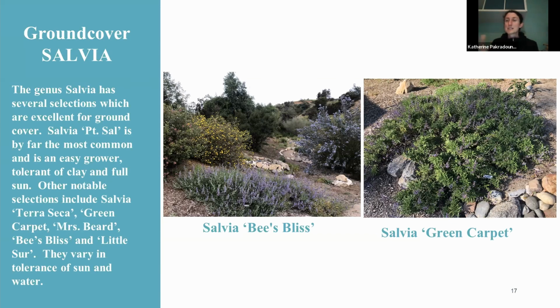So Salvia 'Bee's Bliss' is a selected form of sage. Every single Salvia 'Bee's Bliss' is 100% genetically a clone of every other Salvia 'Bee's Bliss.' So you know that it's going to behave the same way, it's going to look roughly the same, with some variations, obviously, based on the garden environment, but you know that genetically it's the same plant.